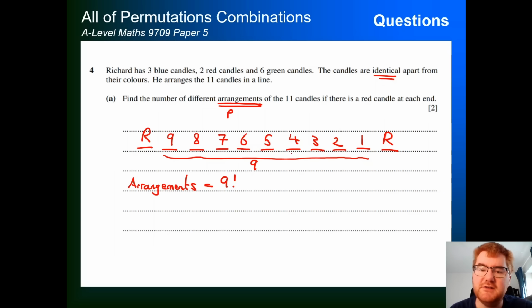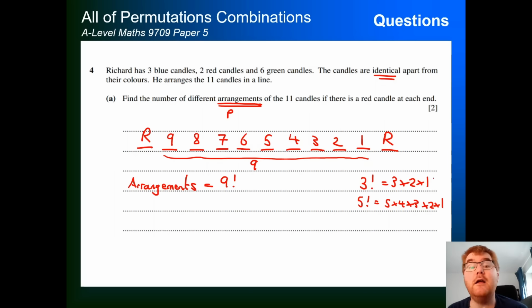Now generally we shorten that down using this factorial notation. So notice if I had 3 factorial, this is 3 times 2 times 1. If I had 5 factorial, this is then 5 times 4 times 3 times 2 times 1. I will show you in a moment exactly where on the calculator we do this.